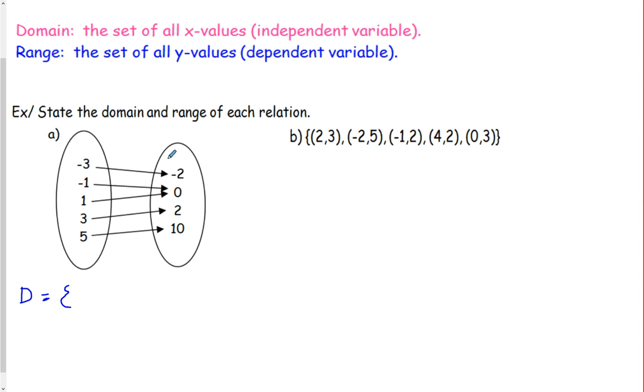Now inside here, I'm going to list all my possible x values, all the ones that are right here. So I'm going to list -3, -1, and I'm going to put a comma in between each of them. 1, 3, and 5. Those are all the possible x values I can have. And I'll end it with a little curly bracket.